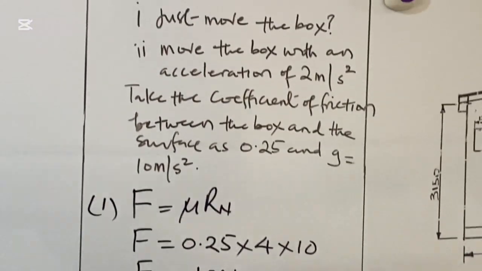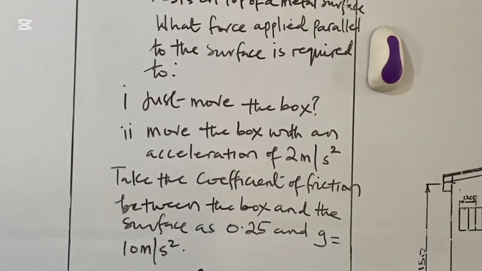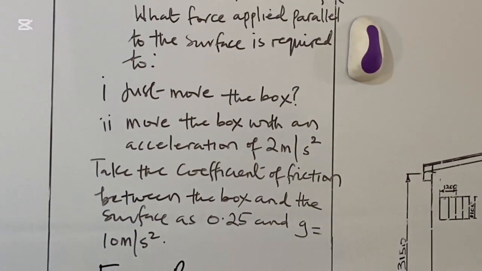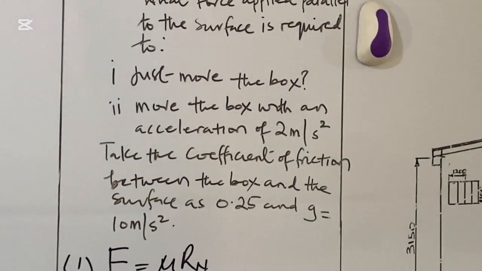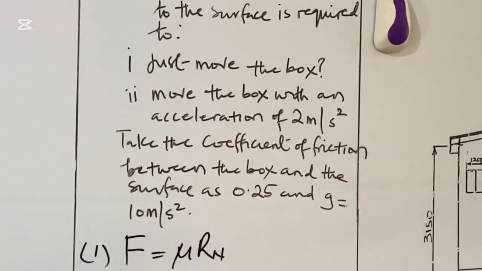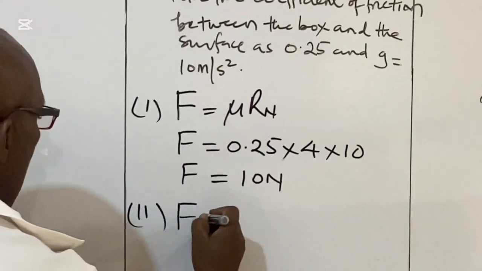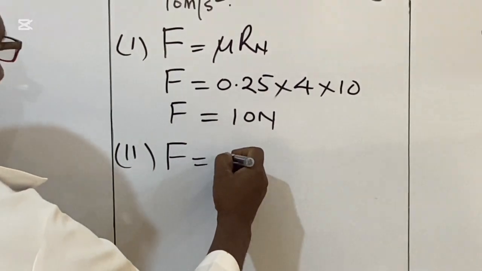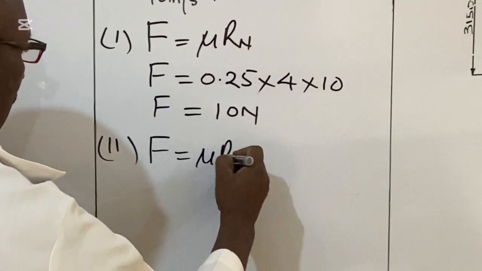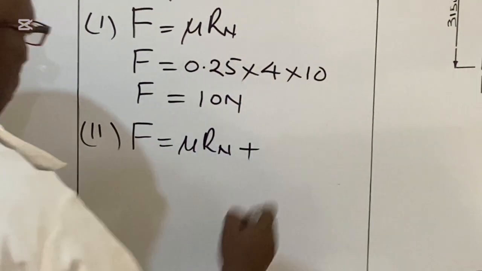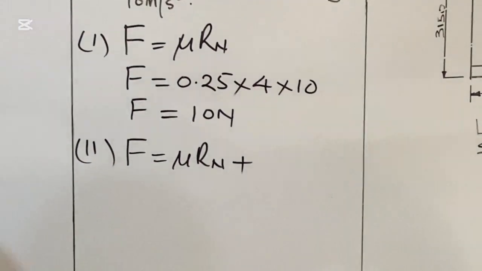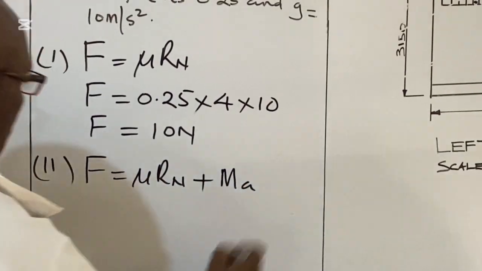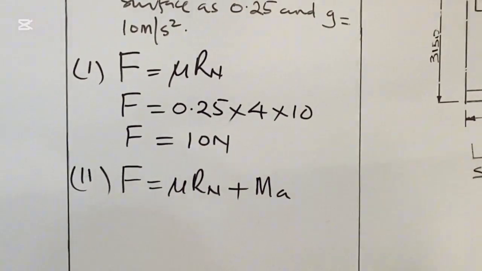Now for II, we require the force that will move the box with an acceleration of 2 meters per second squared. Now the force F is equals to the force used in overcoming friction, which is mu Rn, plus what? The force of the mass times the acceleration, right? The force causing acceleration.